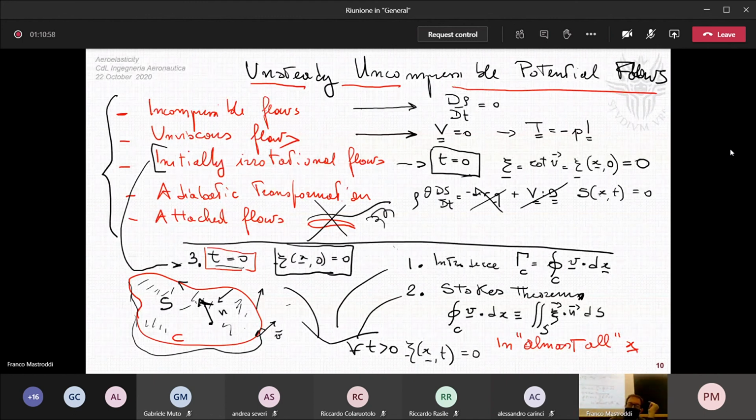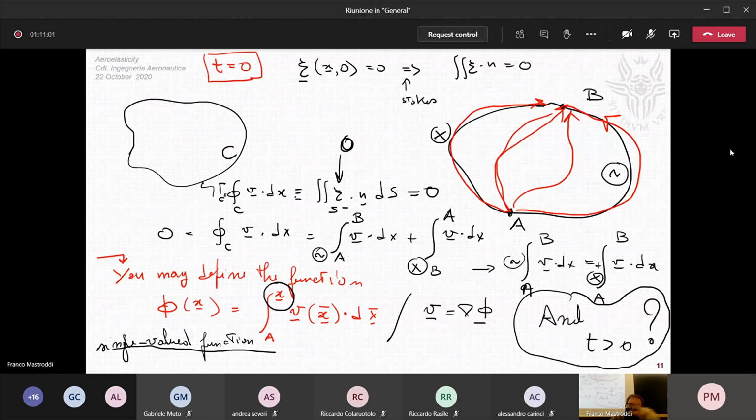However, if you have zeta equal to 0, you may define a velocity potential field. You may define the velocity potential as a scalar function, which is a function of this edge of integration x of the velocity, and this definition of single valued function is equivalent to saying that the velocity here is the gradient of such a function.